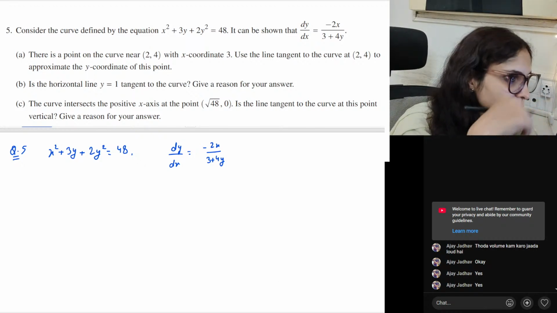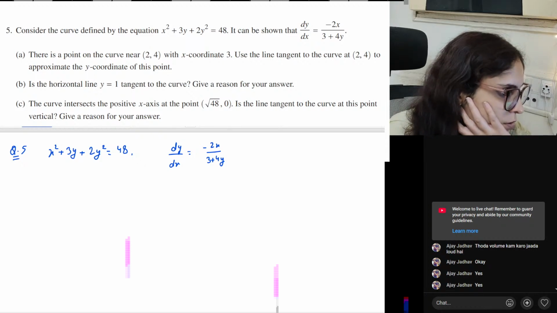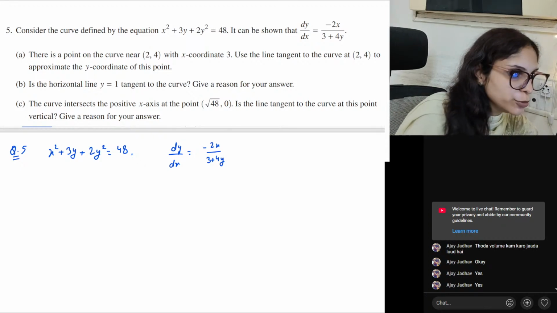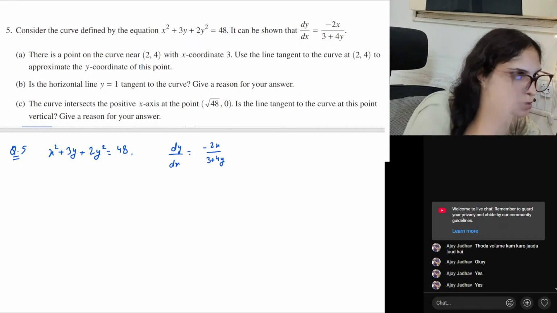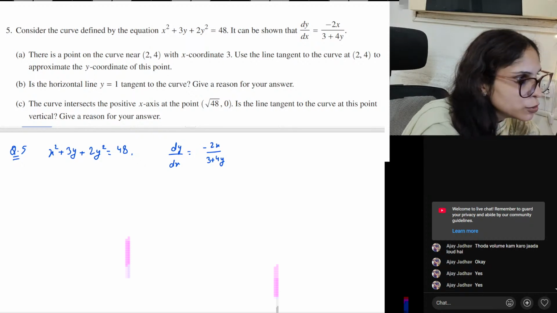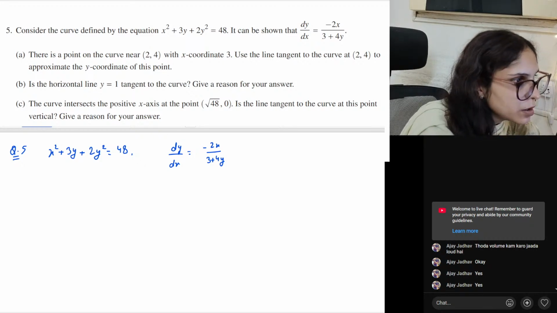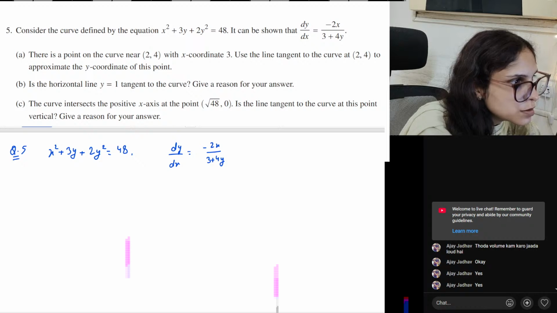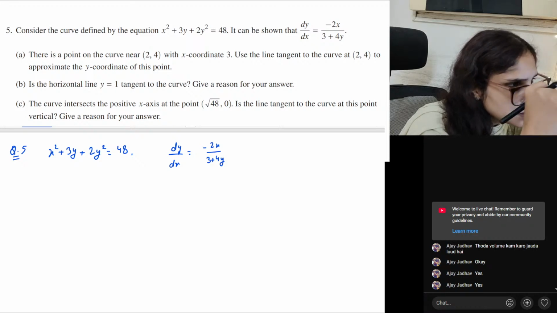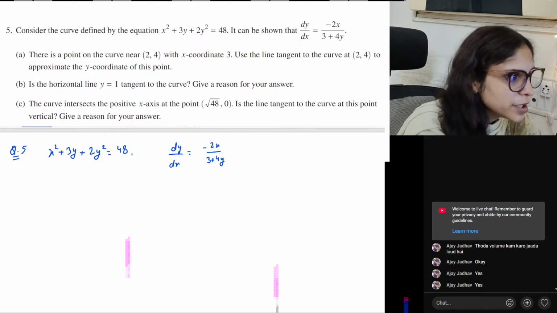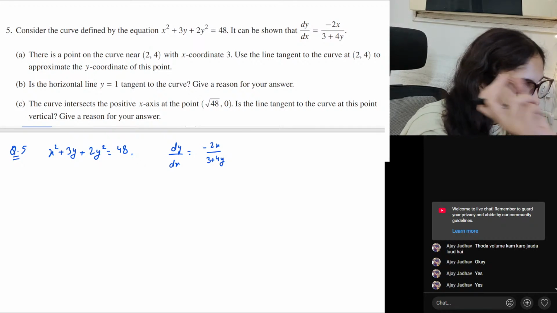So there is a point on the curve near 2, 4. So if we look at 2, 4, when x is equal to 2, 2 squared is 4. 3 times 4 is 12. 12 plus 4 is 16. 16 plus 32 is 48. So 2, 4 also passes through the curve.